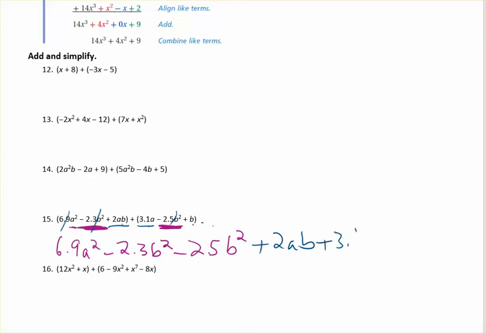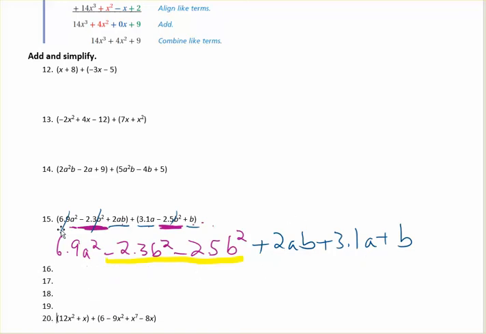There's not going to be much to actually add in this one, and then at the end there's going to be a plus b. There's no like terms except for right here. So those are the only ones that you'll combine. And when you combine like terms, you only combine the numbers that are in front of the like terms. You don't actually combine the variables at all. You're just going to write the variables down after you figure out the number part.